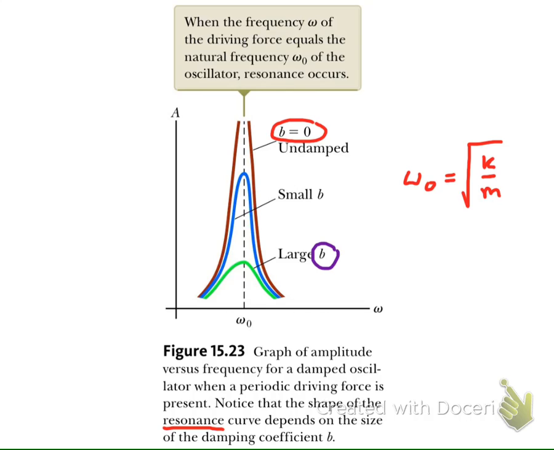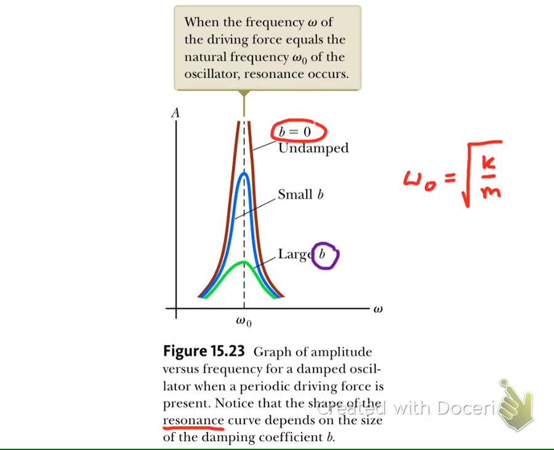In the mass-spring system, it depends on the spring constant and the mass of the object attached to the spring. So if you know the physical properties of the system, you can choose the frequency of the applied force to transfer energy to the system at the maximum rate.